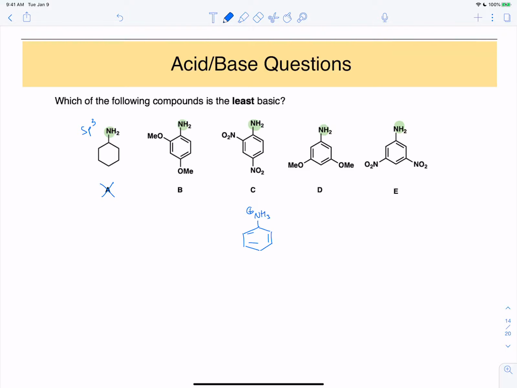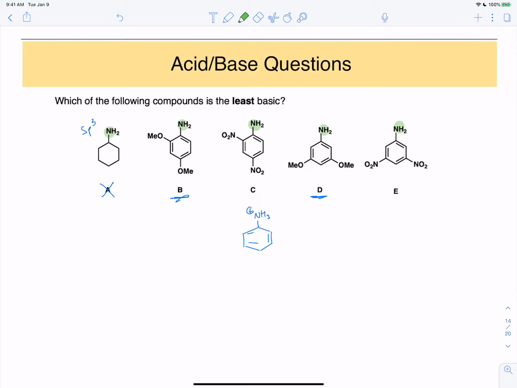So already we can see that probably one of the methoxy derivatives will be better at stabilizing positive charge than the nitros. So we really want to try to compare the difference between the two nitros. These will be taking electron density away from the ring, further destabilizing the conjugate acid.